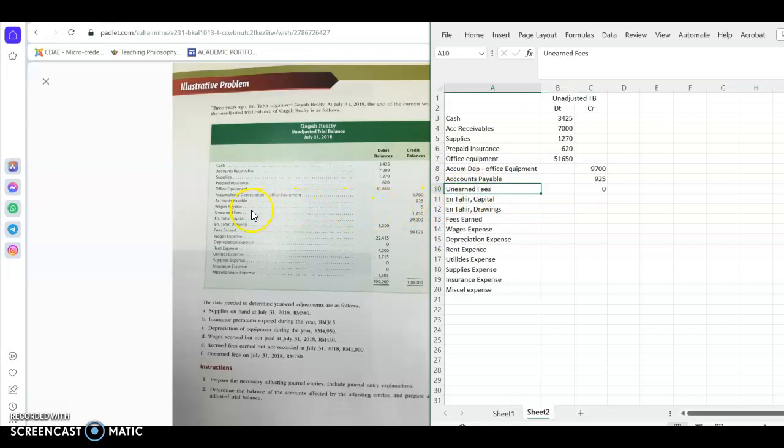There is wages payable. Okay, I need to insert some wages payable.